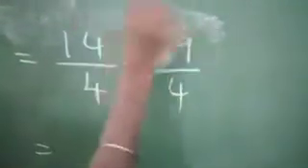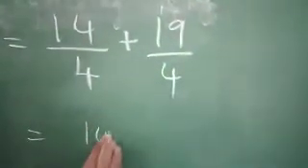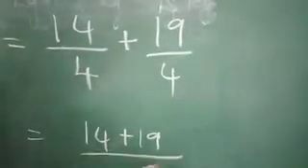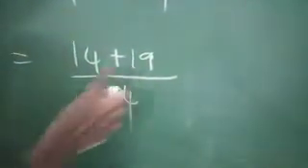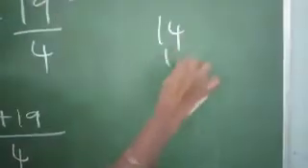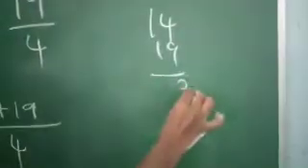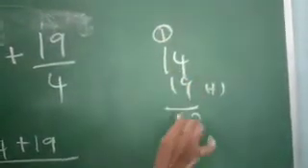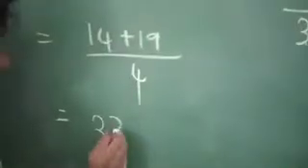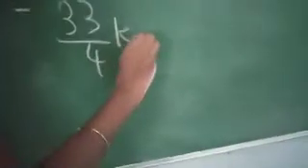Now you have to add the numerator part. So 14 plus 19, you put the denominator as common, 14 plus 19 by 4. If you add, what will you get? 4 plus 9 is 13, carry 1. So 1 plus 1 is 2, 2 plus 1 is 3. So 33/4 kilograms. So the total weight is 33/4 kilograms.